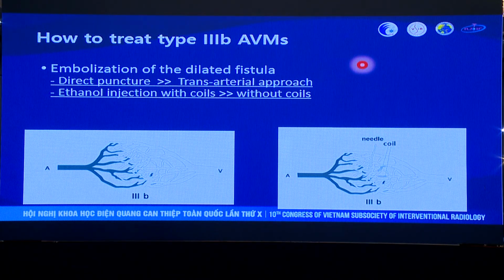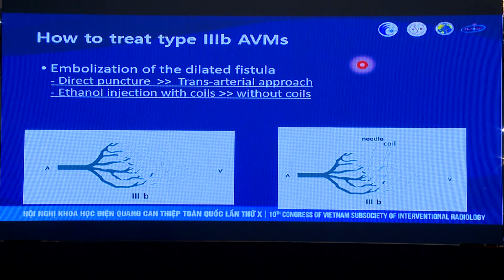Type 3B AVM is quite challenging because it can make very large fistulas and multiple fistulas. So the embolization target should be the dilated fistula, and direct puncture technique is better than transarterial ethanol injection.